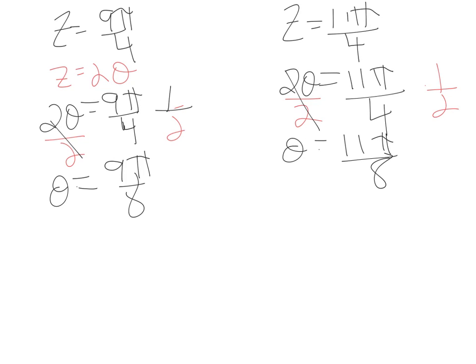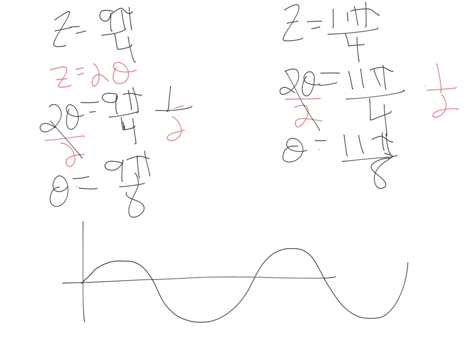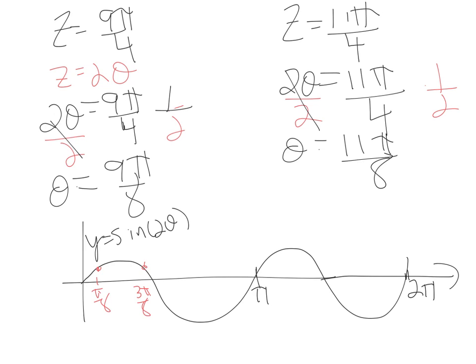And so now I have these 2 other answers which go along with our graph of sine of 2 theta, where this was pi, this was 2 pi, and here I hit pi over 8, 3 pi over 8, and now here are my other ones which I told you to look out for: 9 pi over 8 past pi, 11 pi over 8.